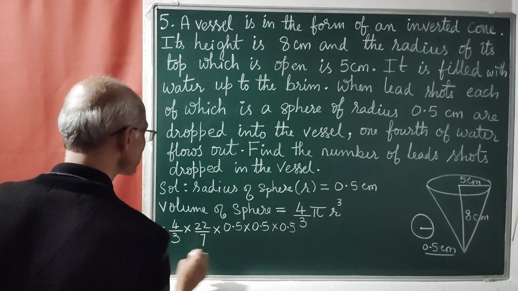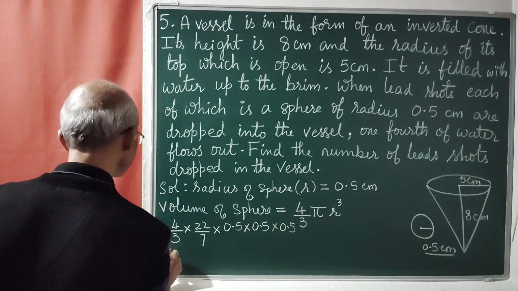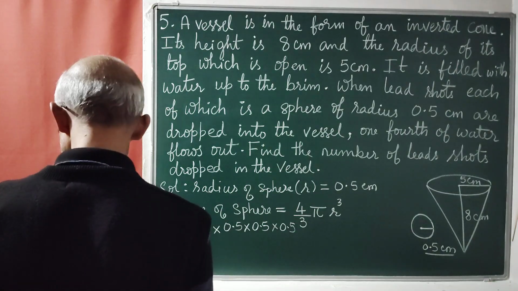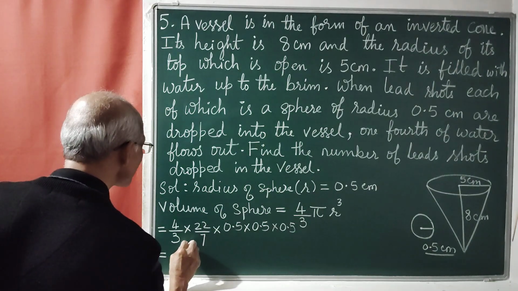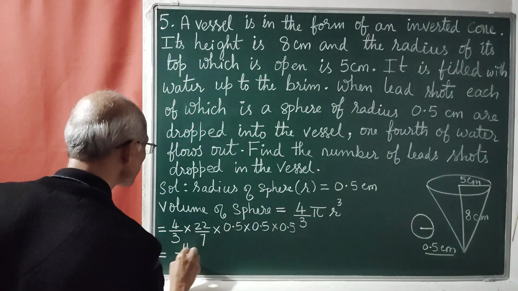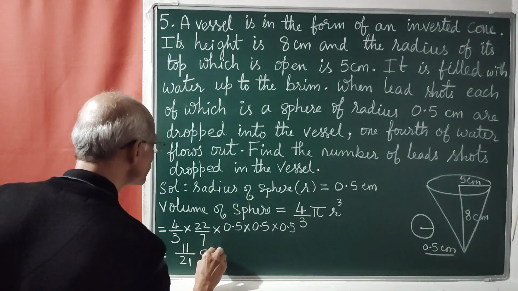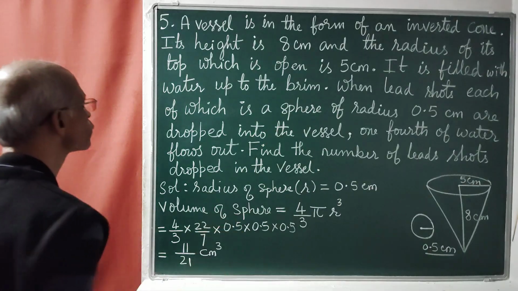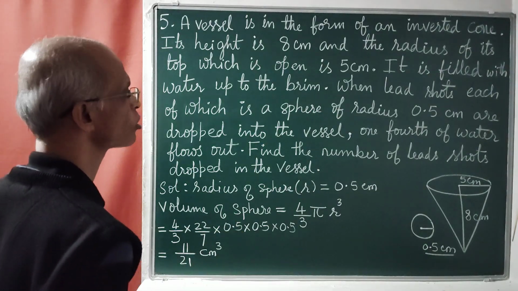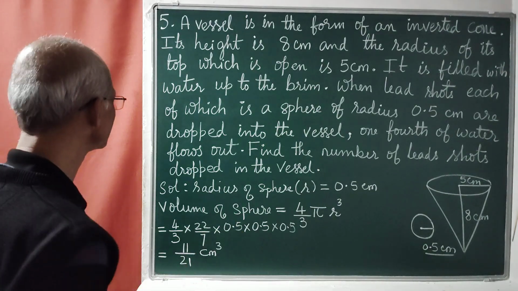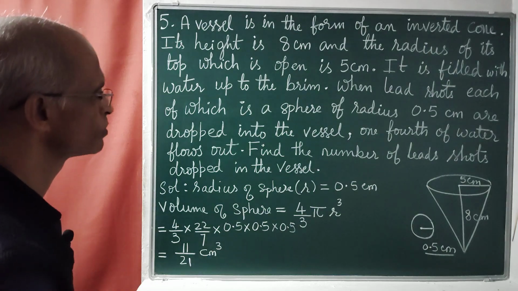This, if you calculate, we will get 11 by 21 centimeter cube. So volume of one lead shot is 11 by 21 centimeter cube.